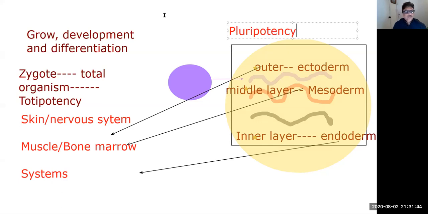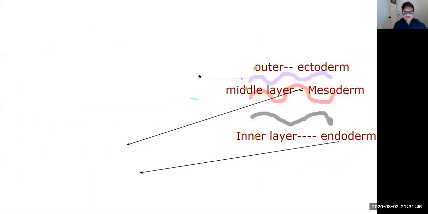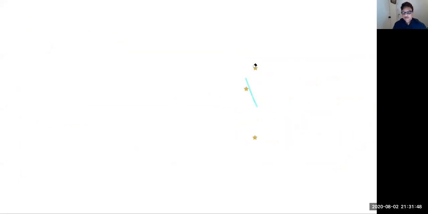Now, let's go into bone marrow cells. Bone marrow is the tissue that gives rise to our blood cells. So blood cells can be of many kinds.